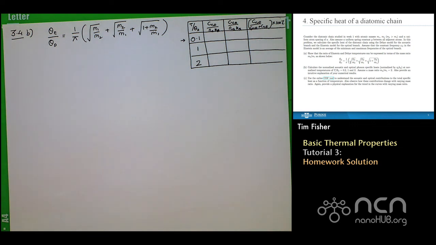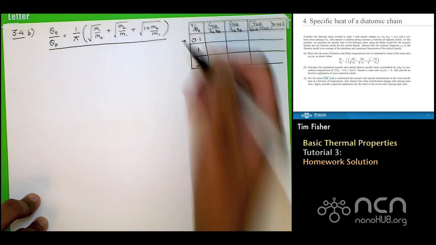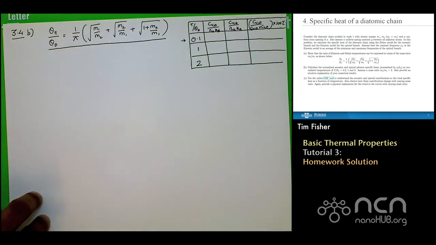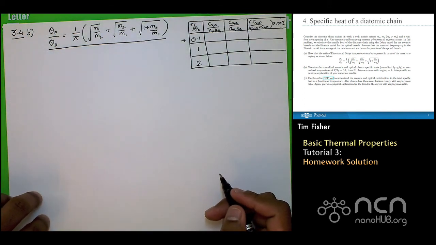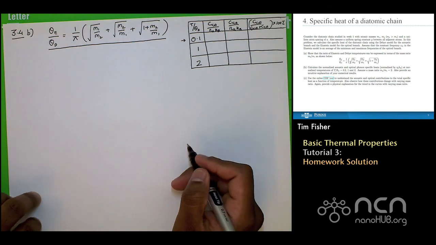In part A of the problem, we described the Einstein and the Debye approximations to the phonon dispersion for a diatomic chain, and we calculated quantities like the Einstein temperature and the Debye temperature, and eventually calculated the ratio of these temperatures, which is written here on top. In part B of the problem, we are going to find out the contribution of the acoustic and the optical phonon branches to the specific heat of the material and understand its variation with the temperature.